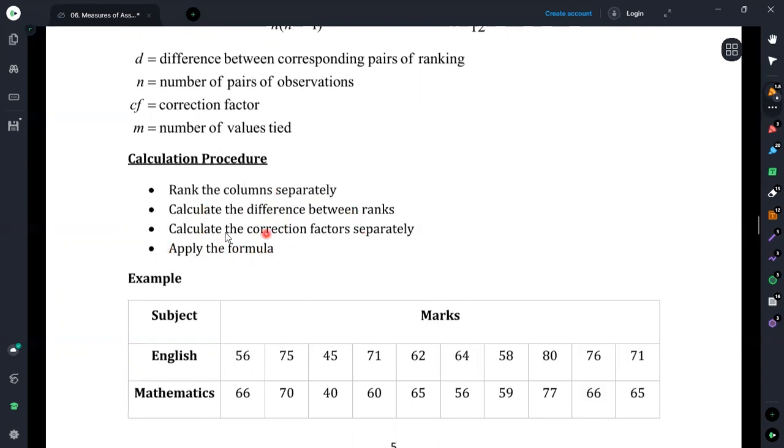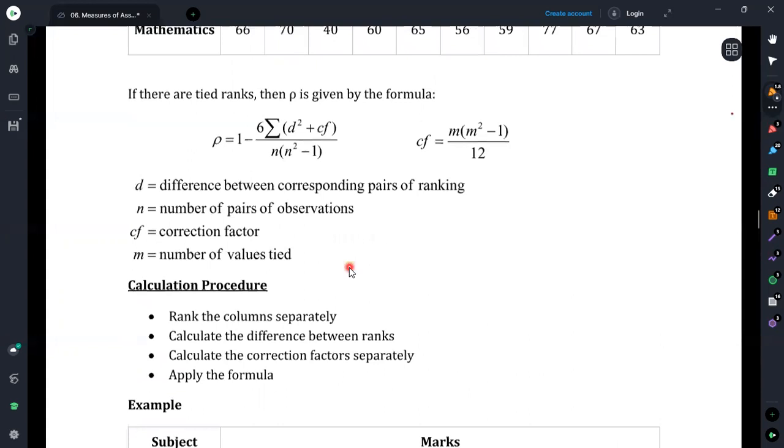But here there is an additional step: we need to calculate the correction factors separately. This is the only strange part apart from the previous equation. Now we can apply this equation to calculate the Spearman rank correlation if you have tied rankings.